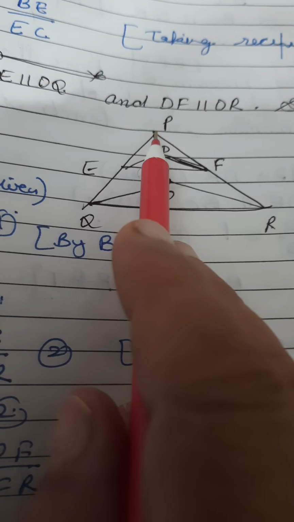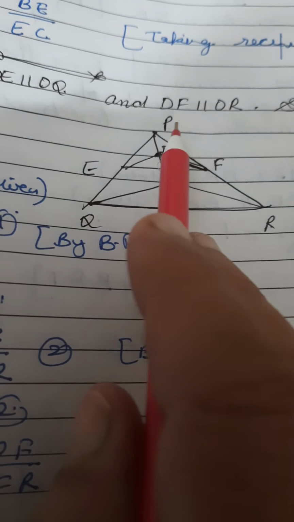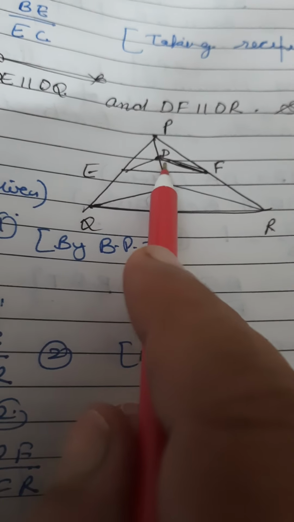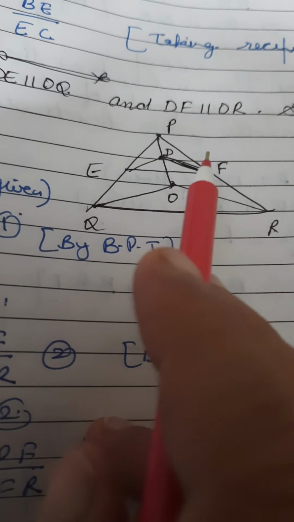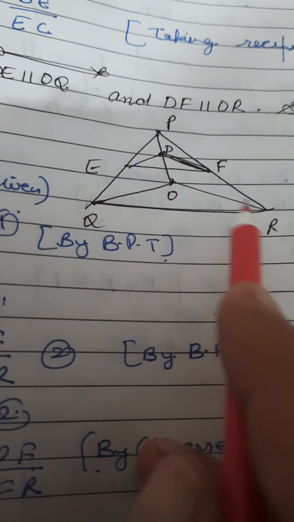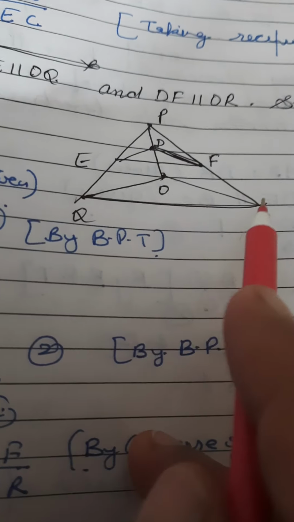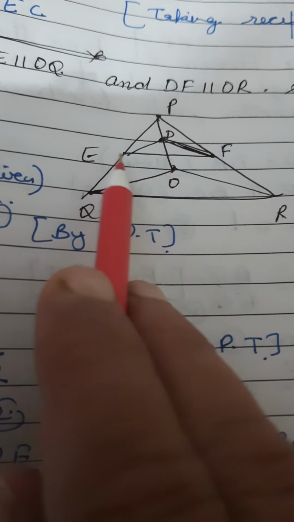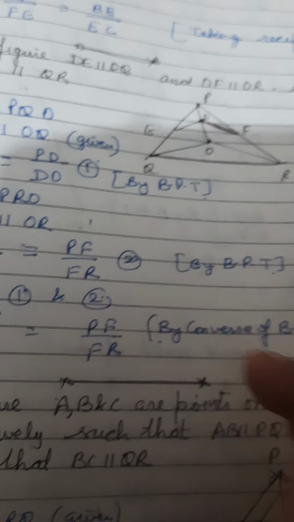Now from here we get PE by EQ is equal to PF by FR, because both of these are equal to PD by DO. Then by converse of BPT we get EF is parallel to QR.